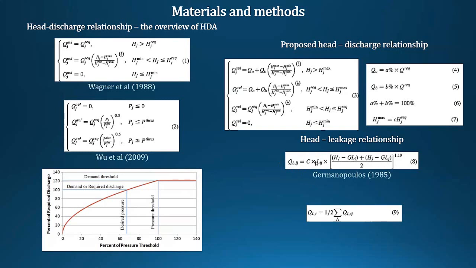C is a constant, Lg is the pipe length, and Hi and Hj are hydraulic heads. Finally, GL is the ground level. The total leakage discharge for each node of the network is determined by equation 9, where this term is the leakage at node i and ng is the total number of nodes connected.